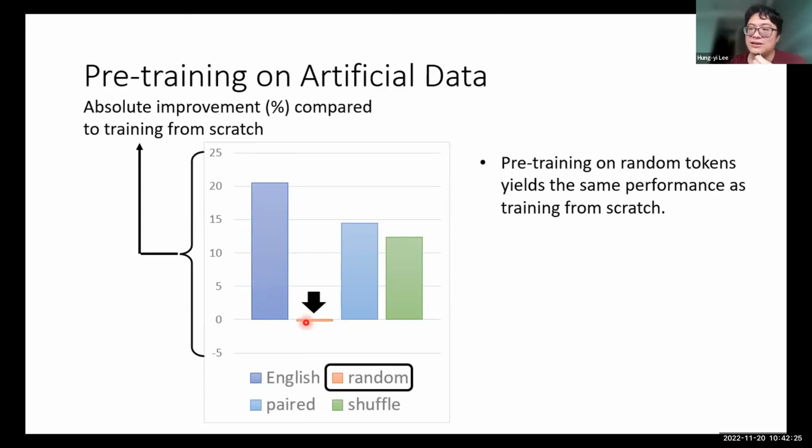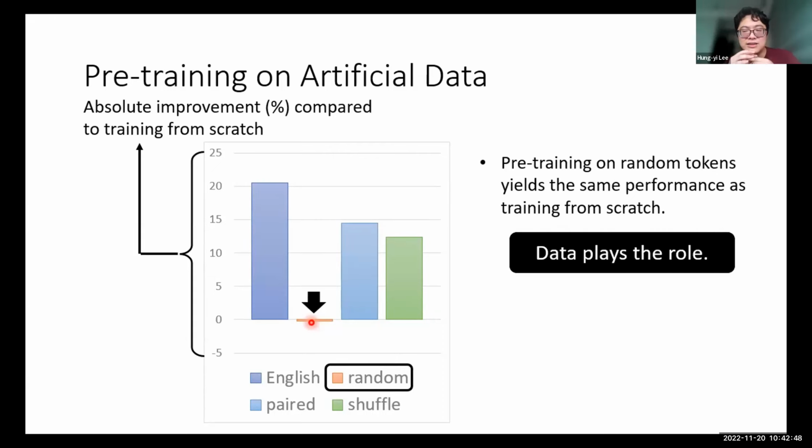And we found that if your pre-trained data is completely randomly generated without any pattern, without any rules, then the pre-training does not provide any benefit. This experiment is also very meaningful.